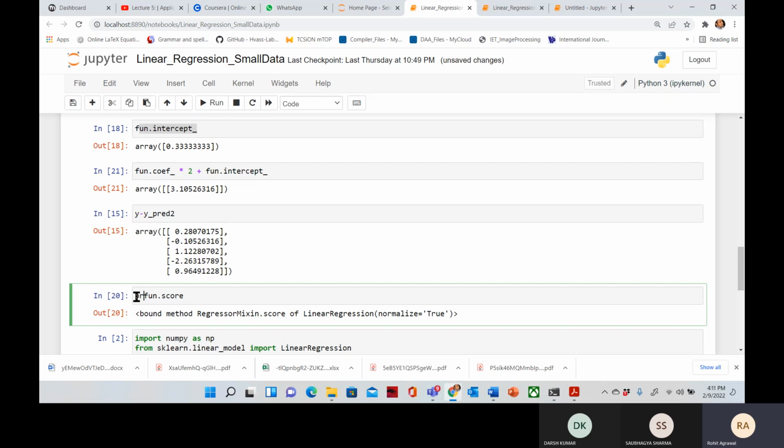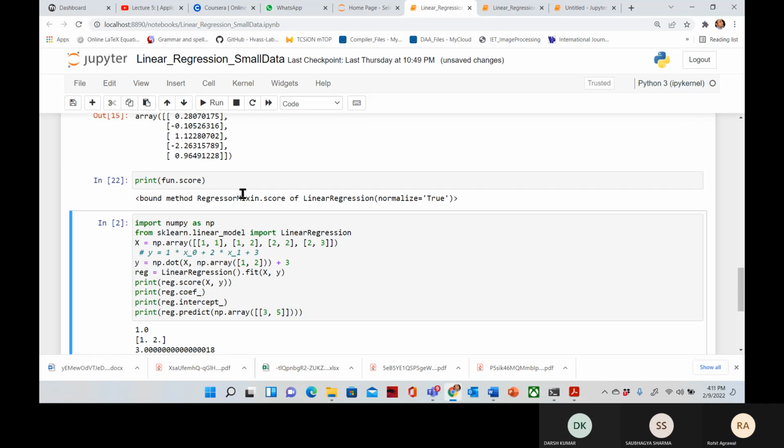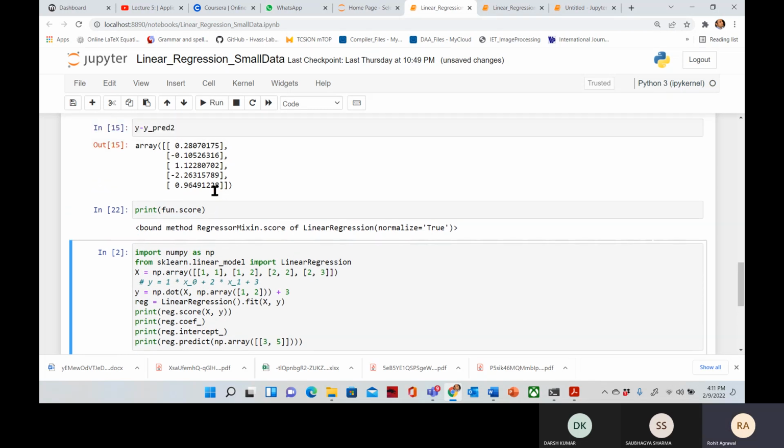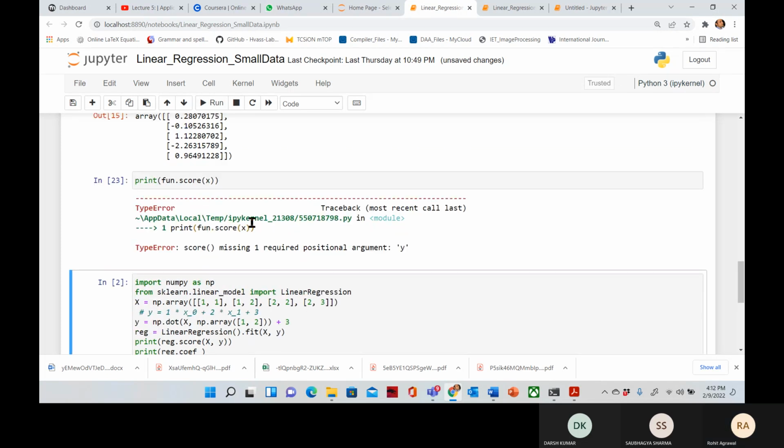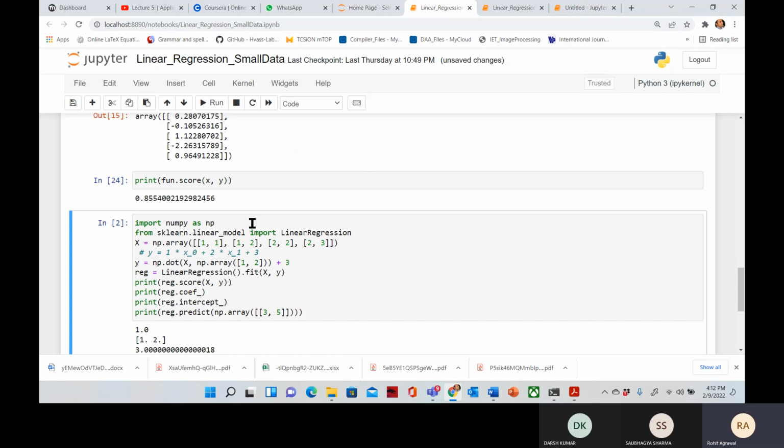So I am trying my best actually to convince you. Fit dot score. Oh, sorry, we need to pass x here actually. X comma y, I think. So I think it is giving 0.85, I think 85% accuracy.